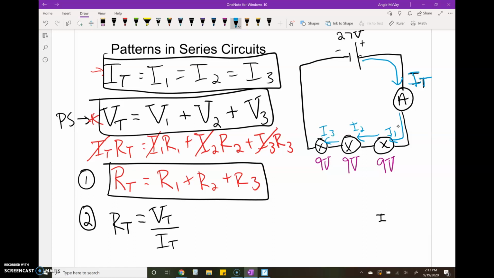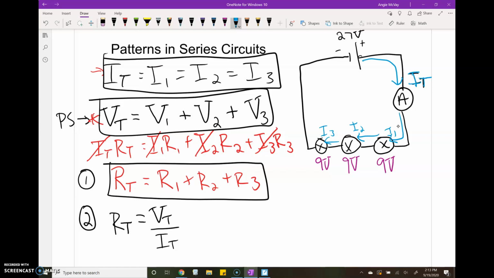Is there any place for any of those charges to split off and go anywhere else? No, right? All of the electrons that went through this ammeter were the same as all of the electrons that went through the first light bulb, and were the same as what went through the second and the third light bulb. So that's why it makes sense that all of these currents were the same. There is no place else for that charge to go.